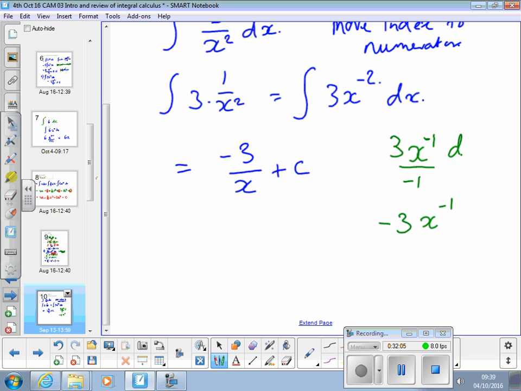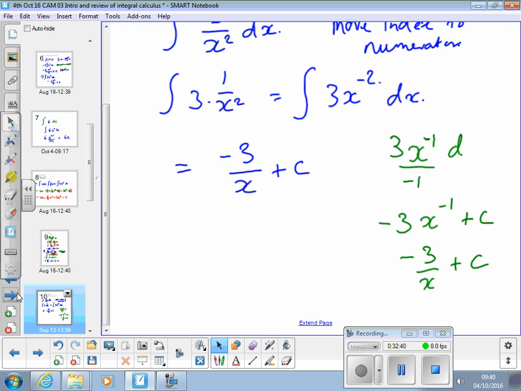Then we can put it back to having a positive index on the bottom, because we initially changed the function. If you gave that answer plus c, you're right, there's nothing whatsoever wrong with that, and you get full marks. But you can also move it back to its original form of minus 3 over x to the power of 1, so bring it back down the bottom, make the index positive, and make it plus c.